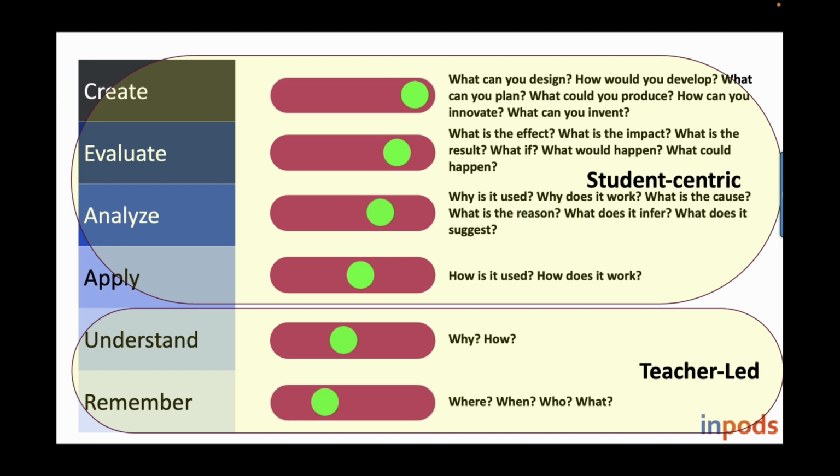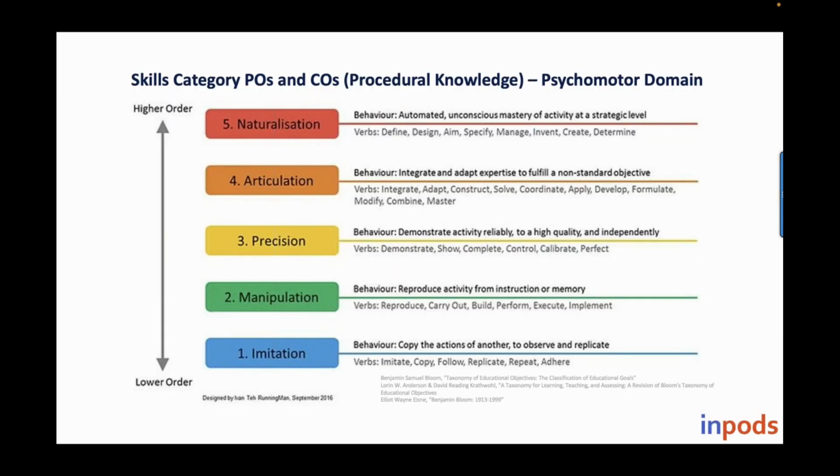So knowledge is delivered to students by the teachers, and then the teacher's role is to help them build that strong foundation and then design activities in such a way that it becomes student centric work later on: application, analysis, evaluating, creating. These are all student centric, right? This is how you can look at it.